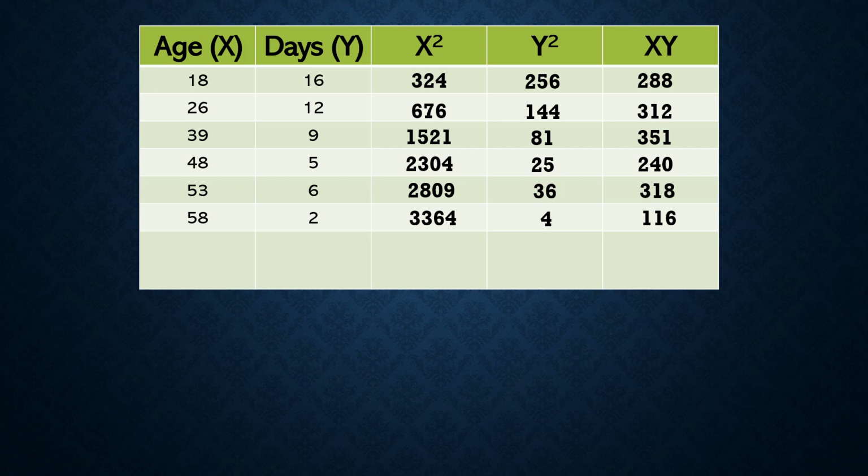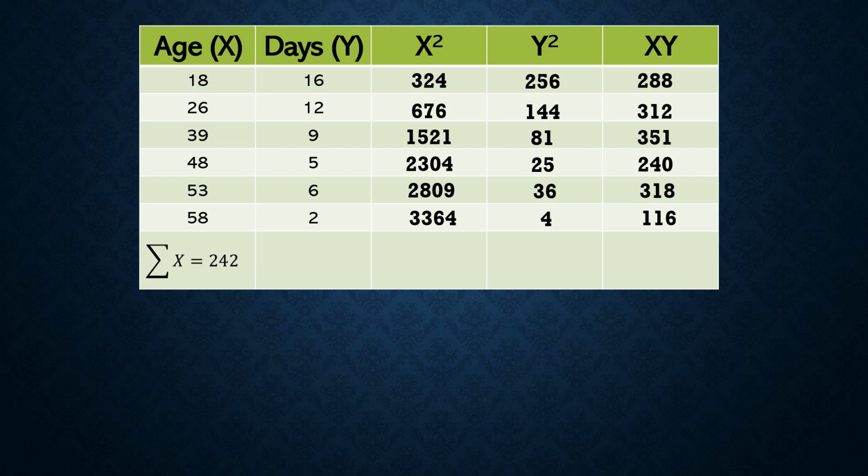Now, the next thing that we're going to do, we're going to get the summation of each column. So let's start getting the summation of x. We're going to add all the values in the x column: 18 plus 26 plus 39 plus 48 plus 53 plus 58, we have summation of x, which is equal to 242.